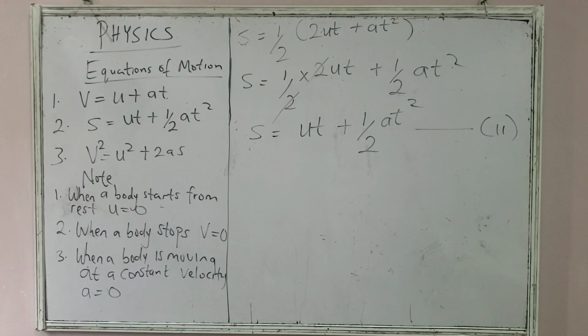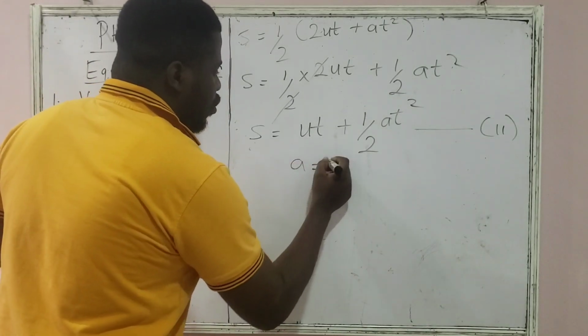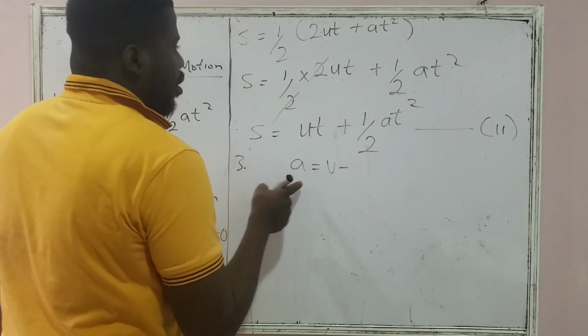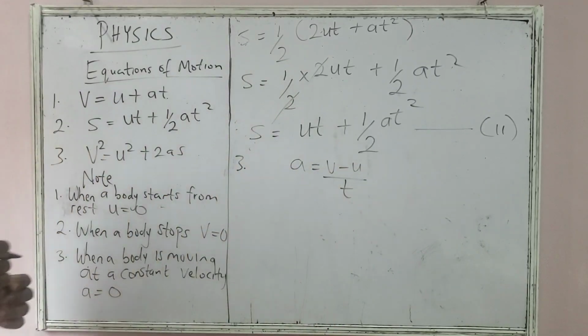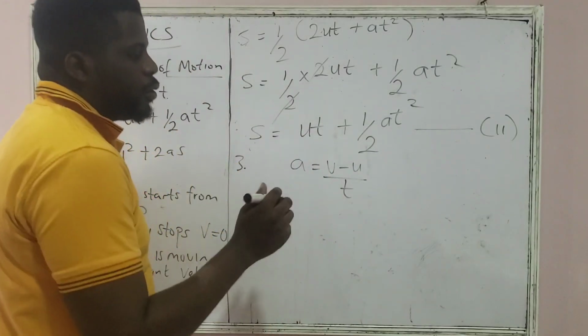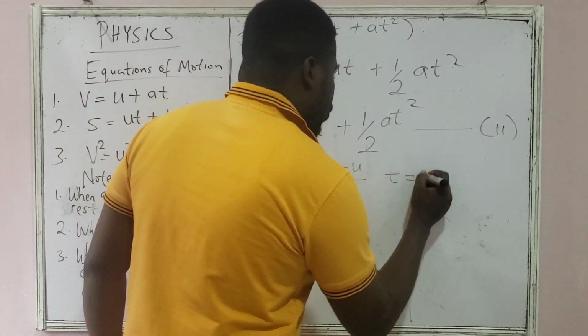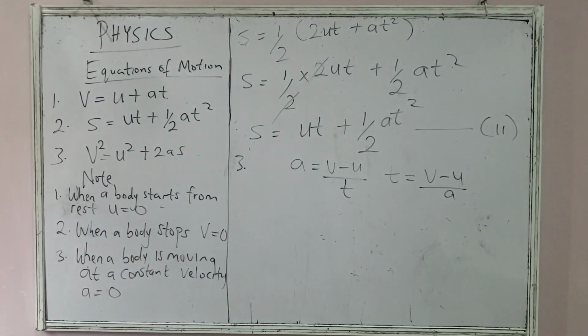And then for the third equation of motion, we know that A = (V − U)/T. And when we make T the subject of the formula, T = (V − U)/A.